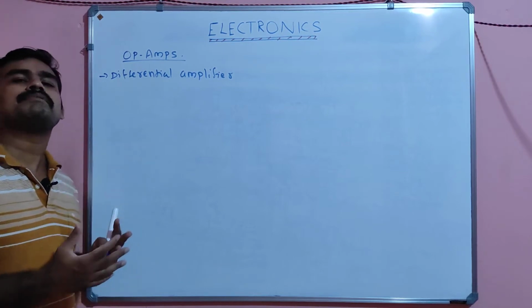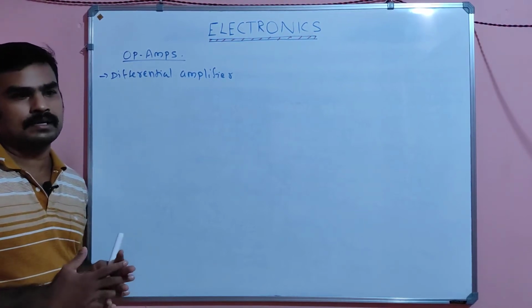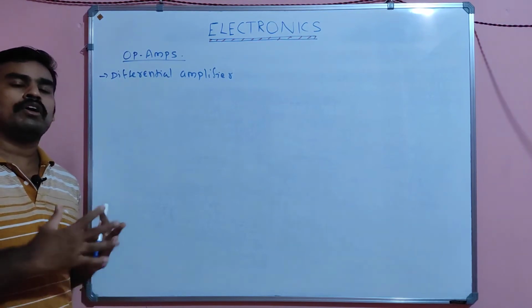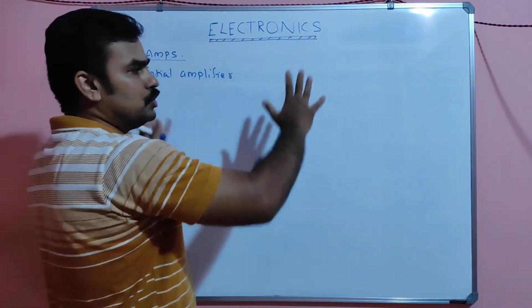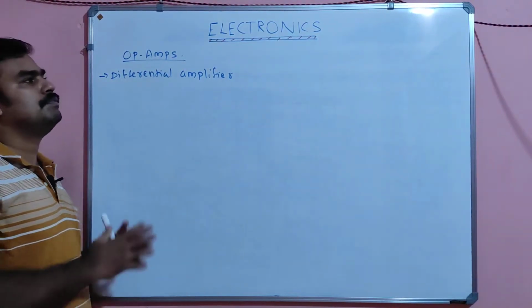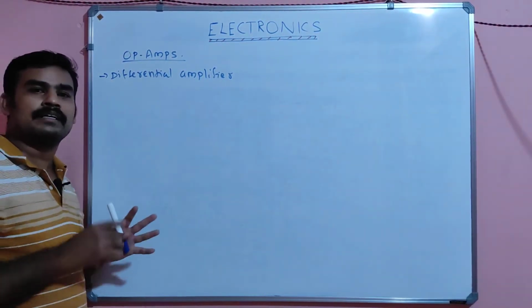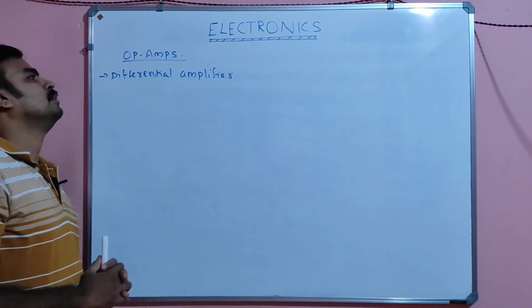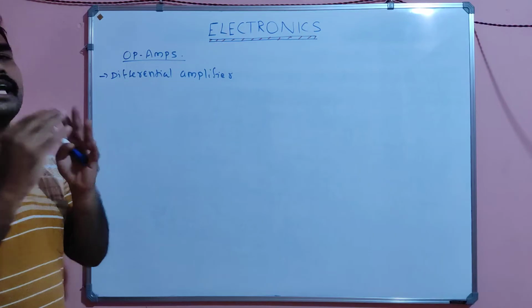Normally op-amps are built from so many transistors connected in a particular manner, and if we show that whole connection every time, it will be a very complicated diagram. So we use a specific diagram for representing an op-amp IC. Why the name op-amp?